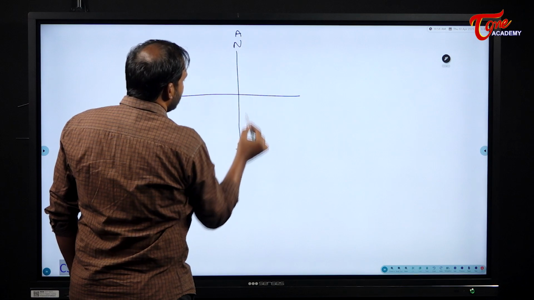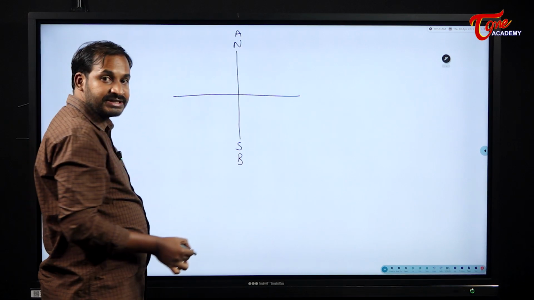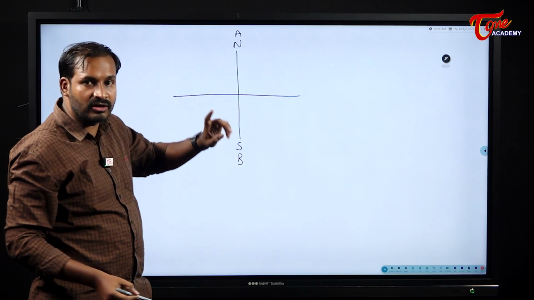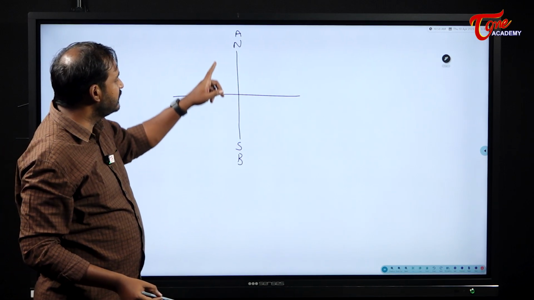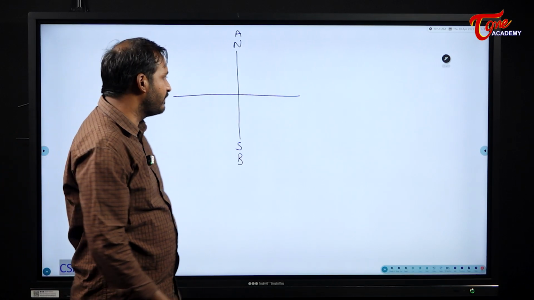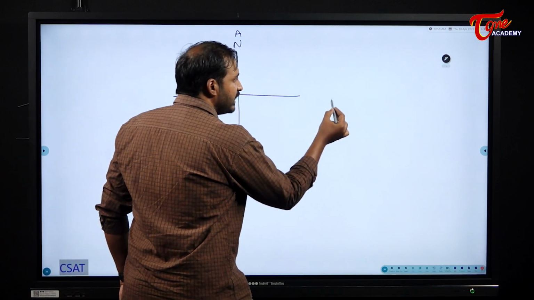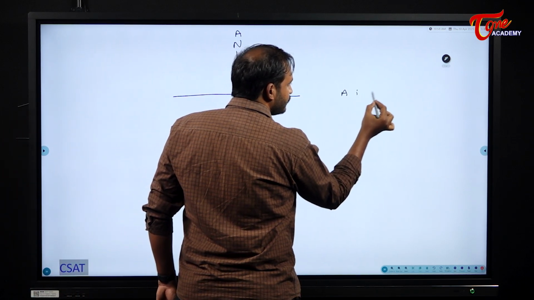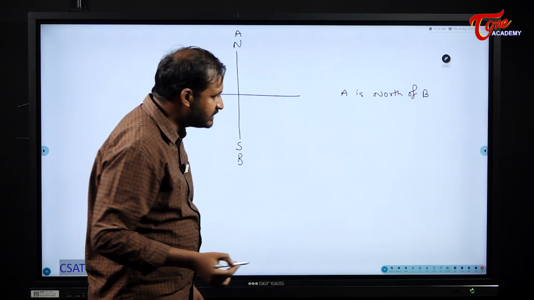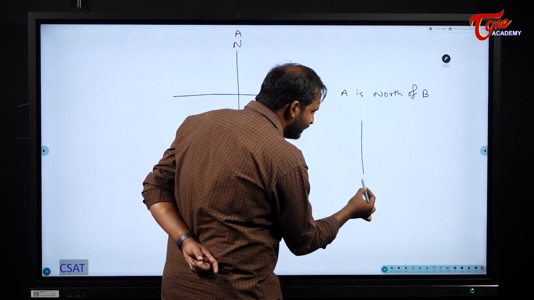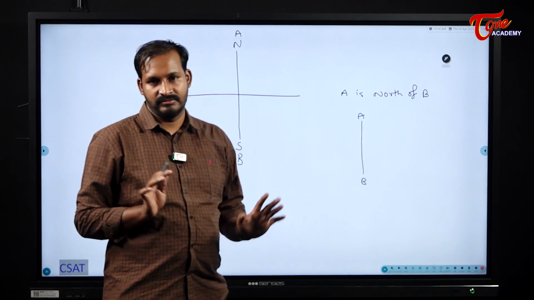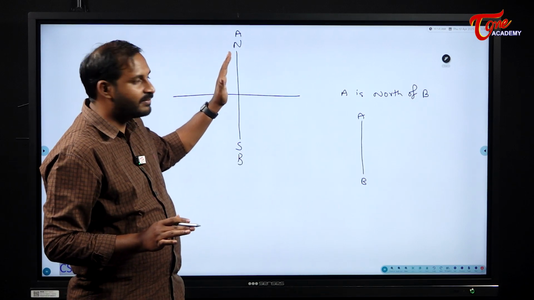If I place A here and B here, until and unless they are in a straight line, only then can I say that A is to the north of B and B is to the south of A. If they deviate by some angle... if in a question they mention that A is north of B, that means definitely A and B will be in a straight line, and A will be north of B. Simple. Don't think that they will be deviated by some small distance.